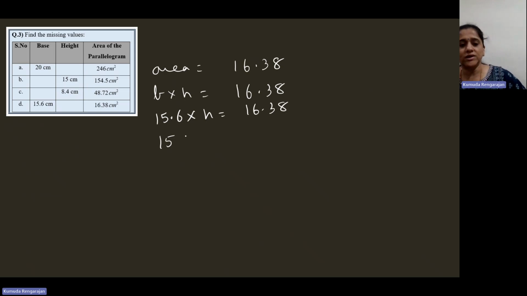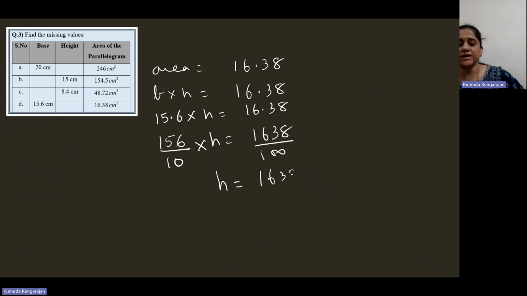Into 10, you get 156 by 10 into h is equal to 1638 into 100. Into 100, you'll get this by 100. So h is equal to 1638 by 100. This 156 by 10 becomes 10 by 156 here. Now cancel.